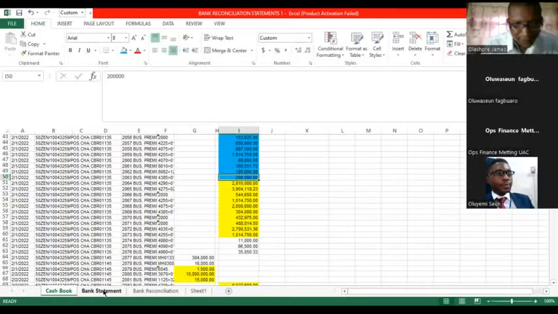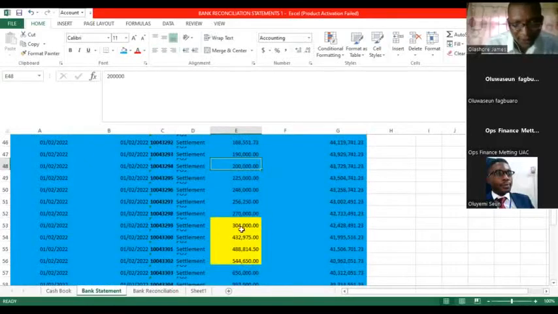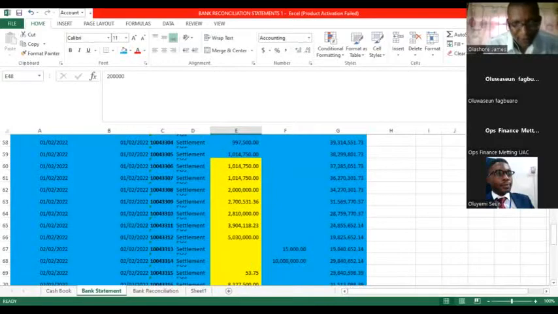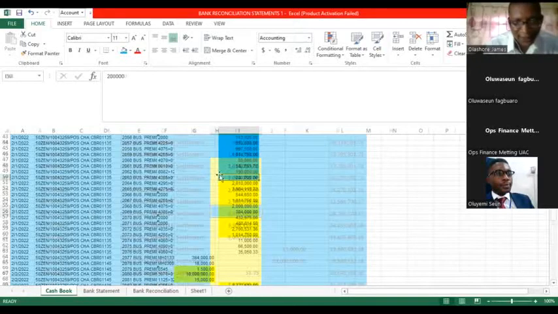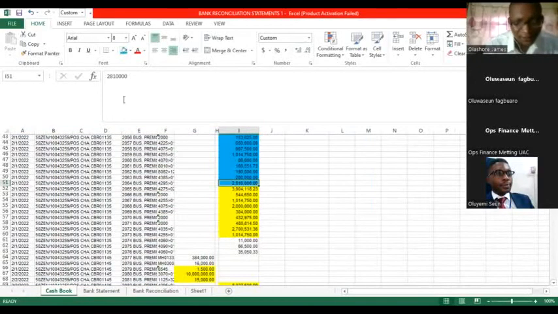Then the next one in cash book is 28110. I'm looking for 28110. Yes, I have it here. So I ticked. Then in cash book as well, I also ticked.